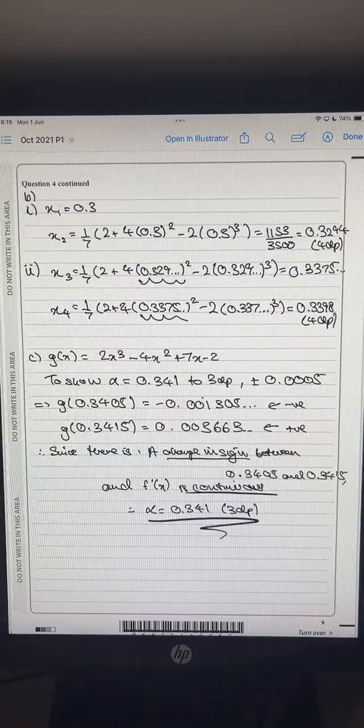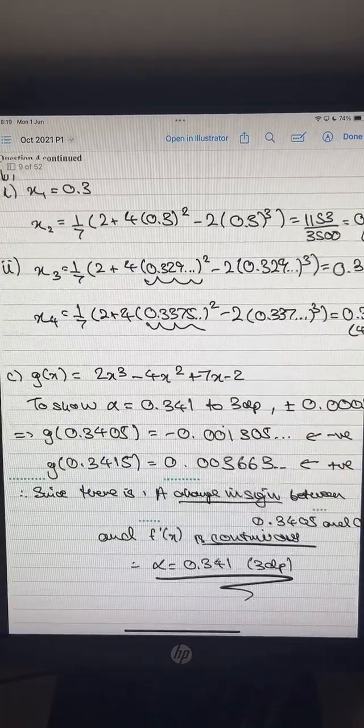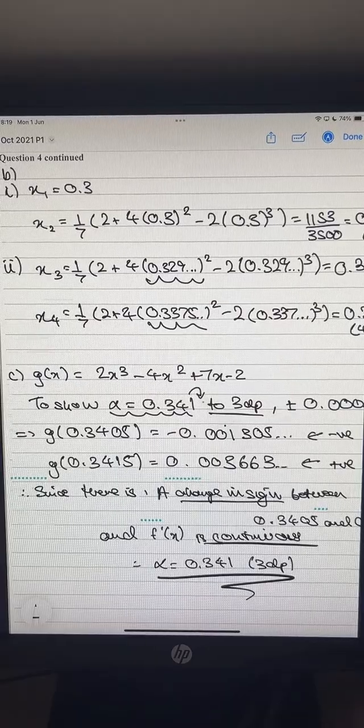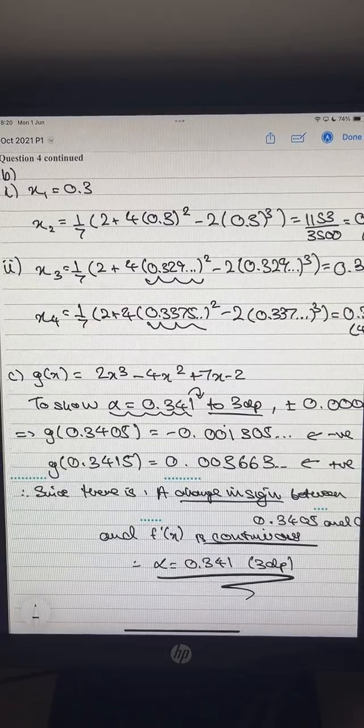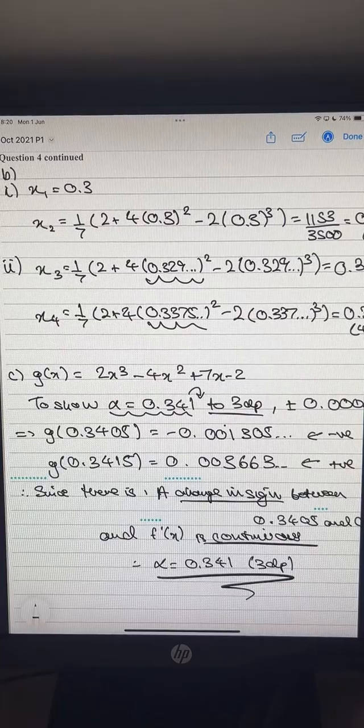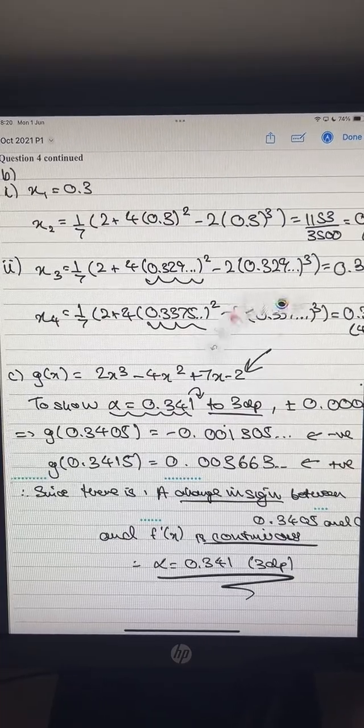Why 0.0005? Because I need to show that alpha is equal to this value here when it's rounded to 3 decimal places. So I'm going to go the degree more, and I'm going to take half of that and go just a bit above and just a bit under, because those values round up and down to this value here. So I'm going to take those values and sub them into my formula over here and see what they give me.